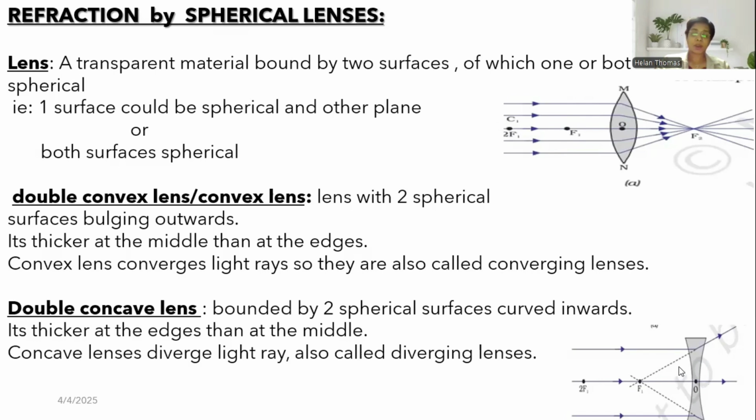This concave lens diverges the light rays. The refracted light rays will appear to come from the point F, which is the focus of the concave lens. As it diverges the light rays after refraction, it is also called a diverging lens.